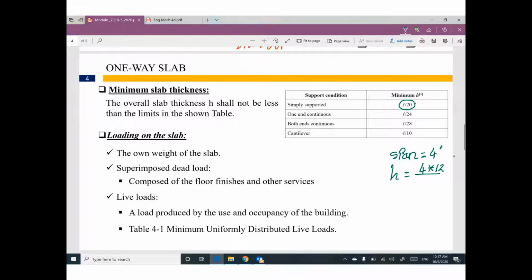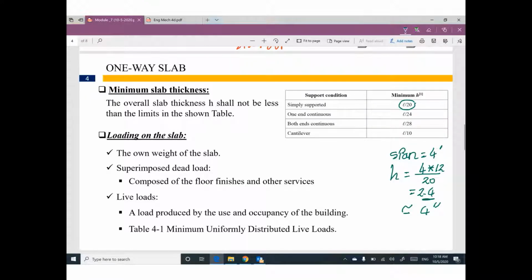That means your expected thickness is 4 times 12 divided by 20, equals 2.4. Please don't go below this thickness. So I'm gonna assume it 4 inch, or 3 inch probably.